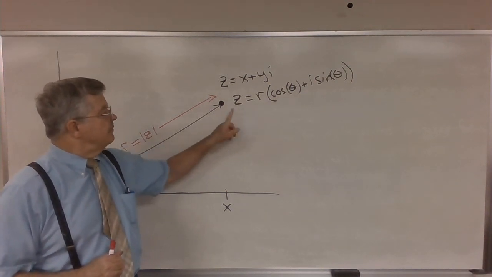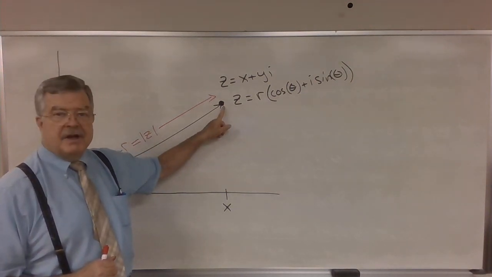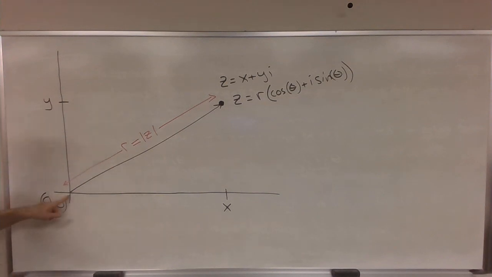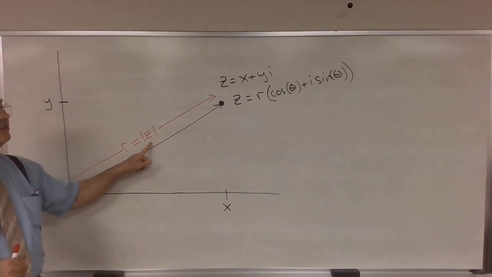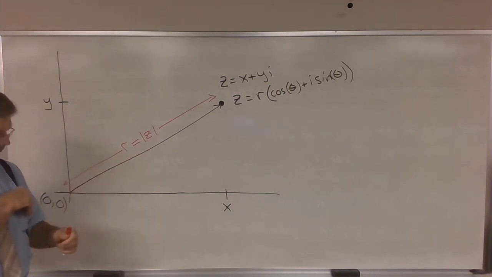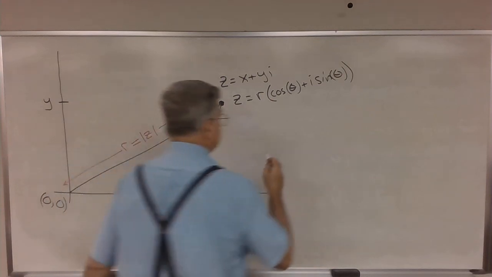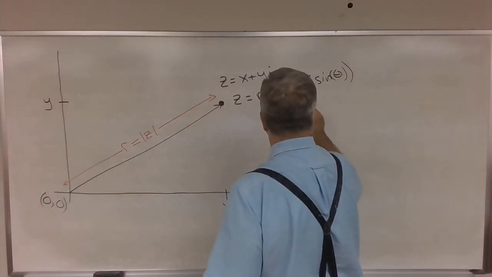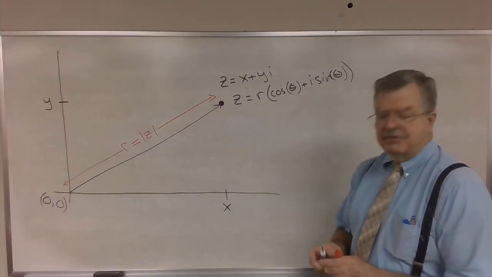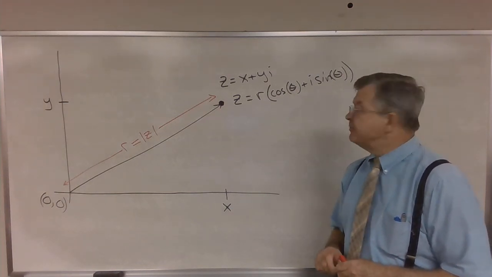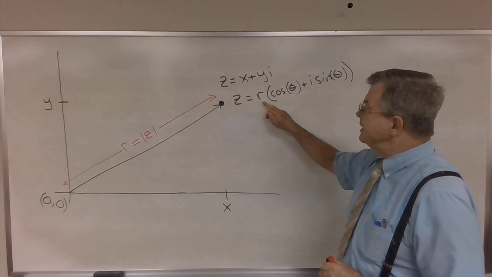So r is the distance of this complex number from the origin. And r is indeed equal to the modulus of z. So that's the significance of r.